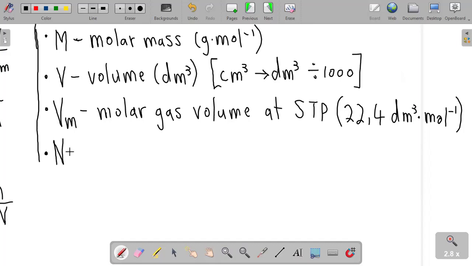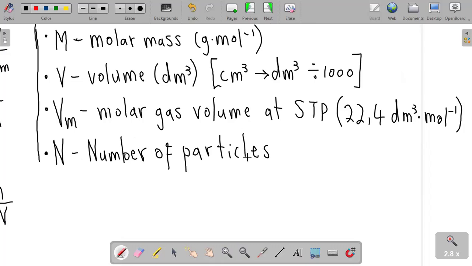is the N, okay? So this one is the number of particles. There's no unit here. It's just a number. So the number of particles could be what?